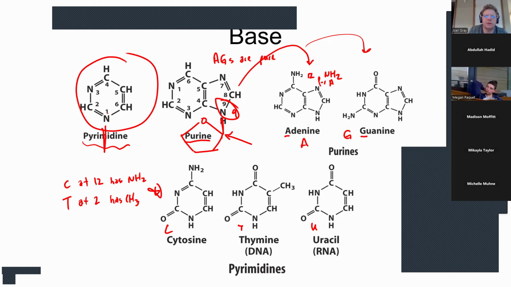Now let's think about pyrimidine. Same sort of thing. We've got 6 atoms up here, and we'd have to come up with a way to number this atom number 7.